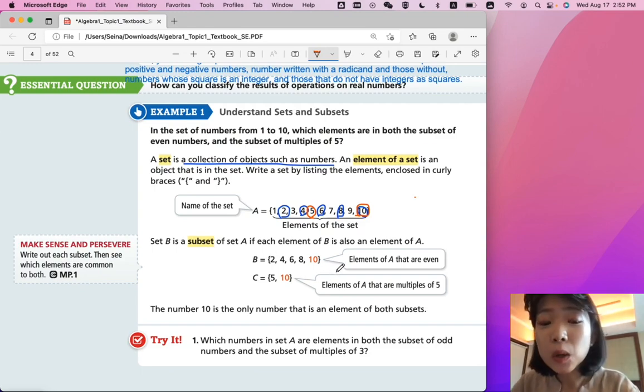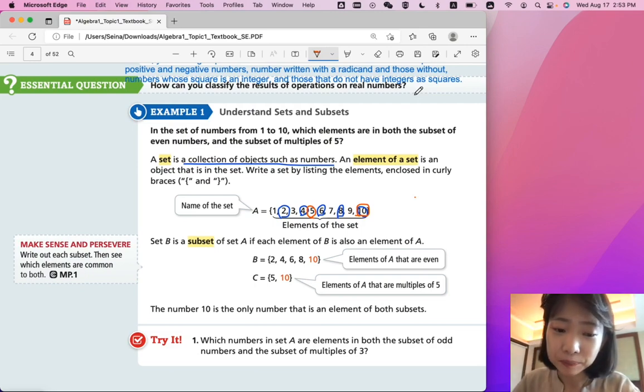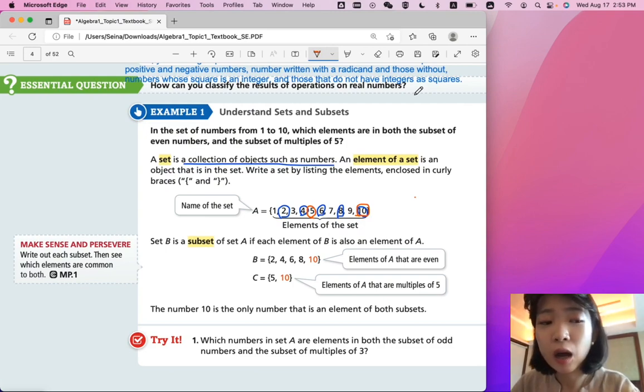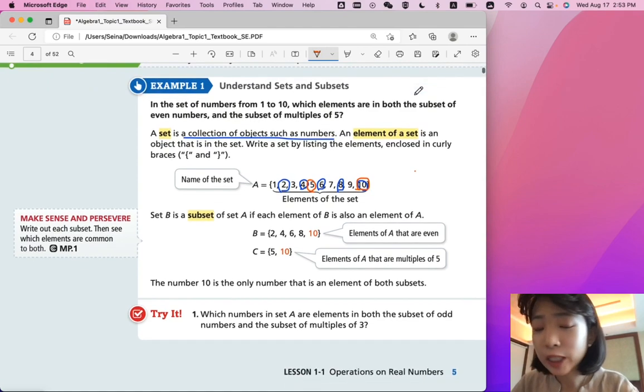So the number 10 is the only number that is an element of both subsets. So using sets and subsets, you need to know how to describe which elements would fall into the category that we need. So now it's your turn.